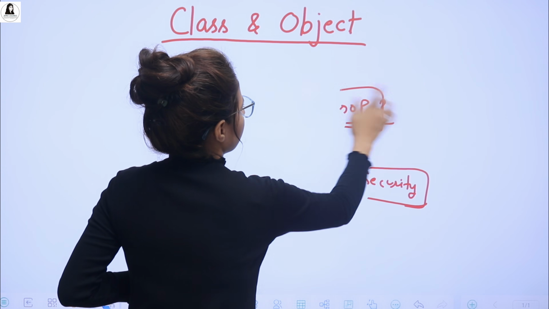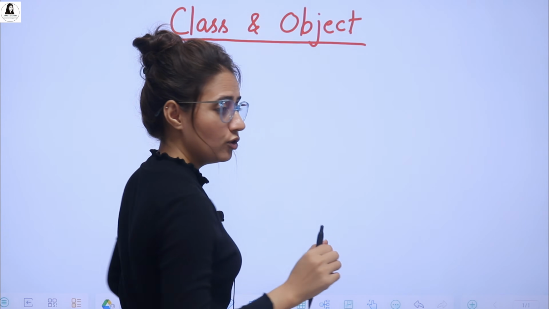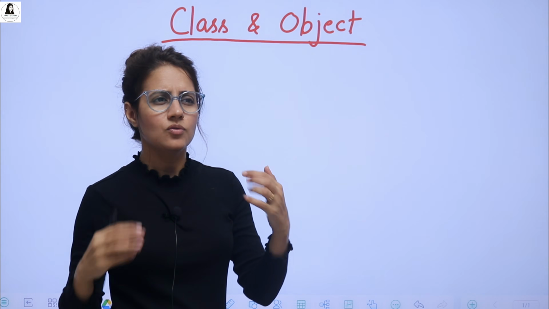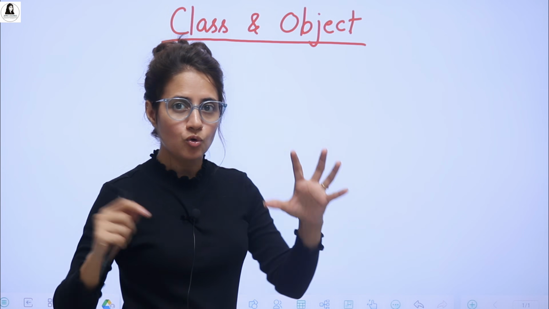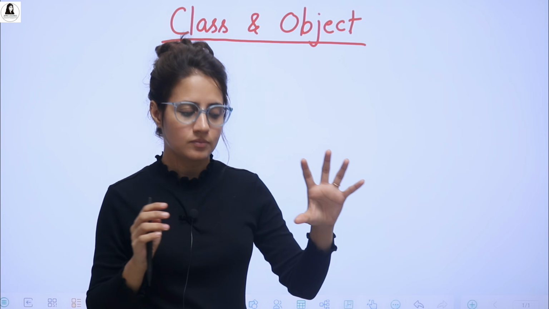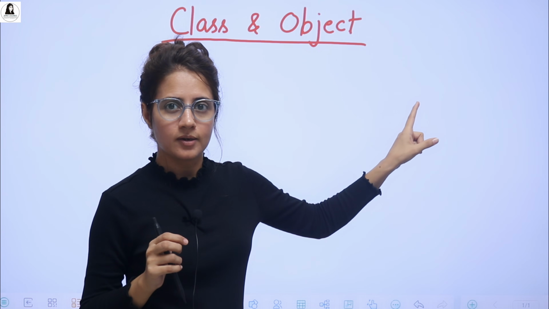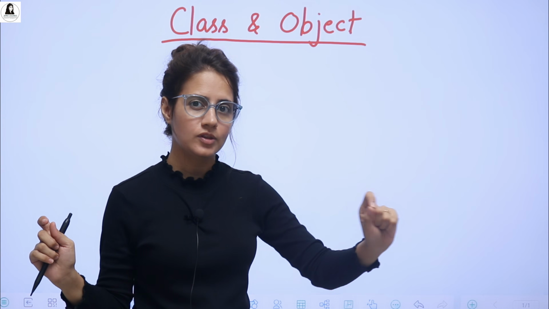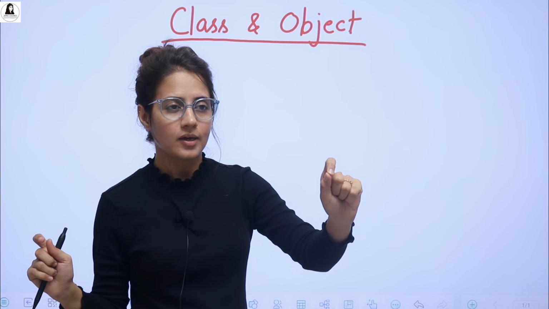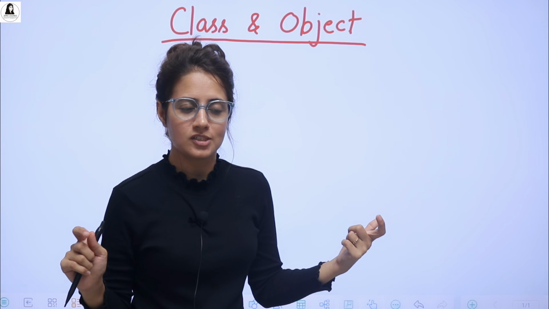I have told you that to solve real-world problems, or to model real-world scenarios in a programming language, we use the OOP approach. We can easily model all real-world scenarios with the help of the OOP approach, and why? Because of these types of concepts we have in this approach.